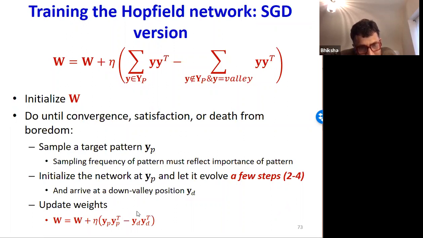And so now your update rule is still the same as before, but you've simplified the problem even further. You'll be sampling target patterns. You let the network evolve a few steps. You get a down valley position. And the difference between the outer product of these two patterns is the correction you want to make to the network. And that's what you update the weights by.